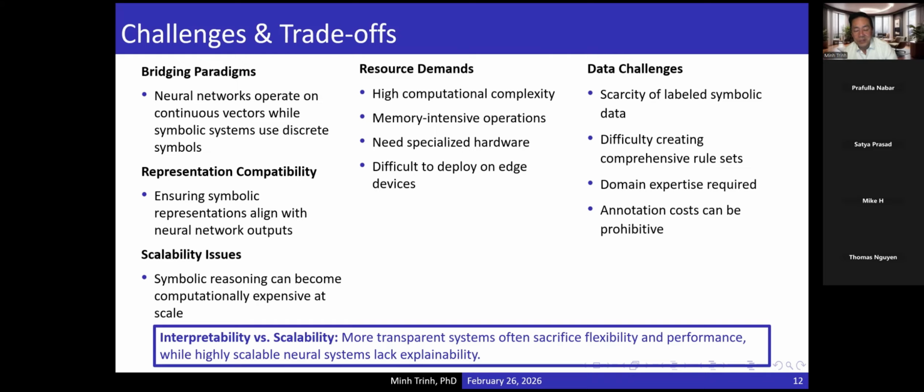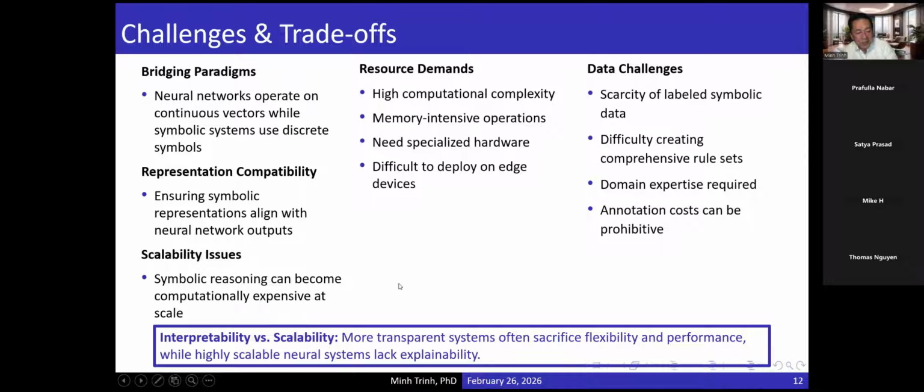Some of them need specialized hardware, and there's not a lot of data, in fact, for symbolic systems. Up to recently, in math, in fact, there's a lot of data, especially synthetic data. Researchers have been able to create synthetic data to be fed into a symbolic system. So this is not true anymore, at least in math.